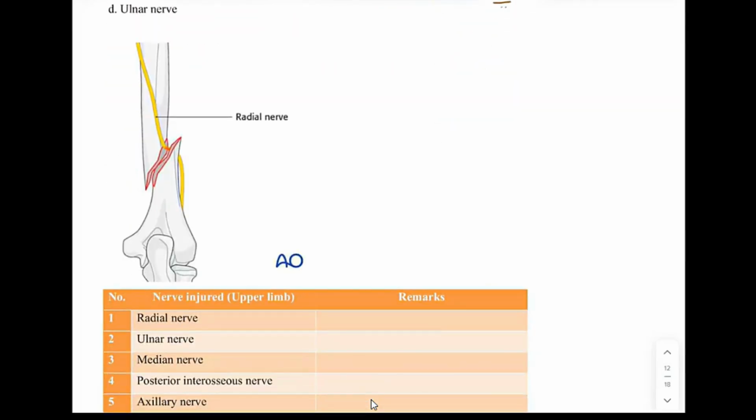Now, what is happening? The radial nerve passes behind the humerus from medial to the lateral side through the spiral groove, which is also known as the radial groove, because the radial nerve is passing through that groove, and it lies on the posterior aspect of humerus.